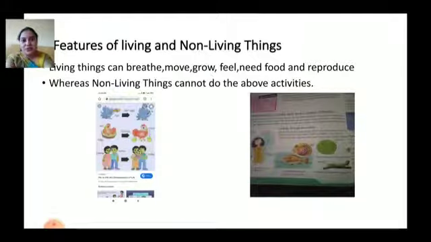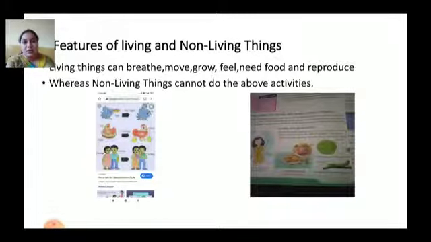Living things' features are, as you all know, that living things require food, they grow, and they also reproduce. Now what does reproduce mean? Reproduce means multiple forms of its own kind will be formed, or the production happens of its own kind. That is known as the feature reproduce.